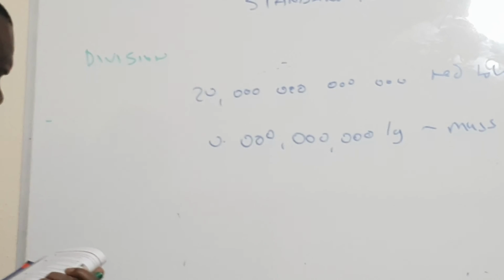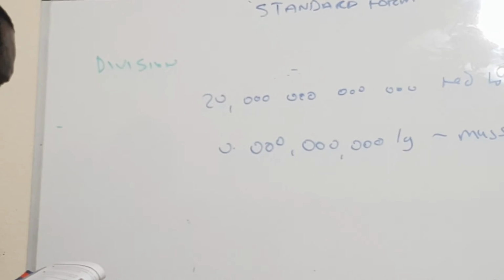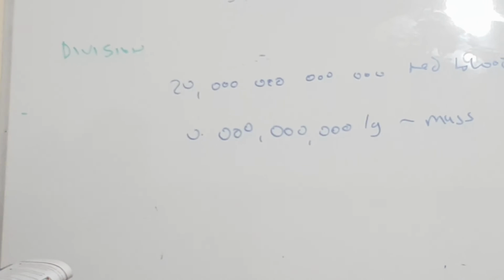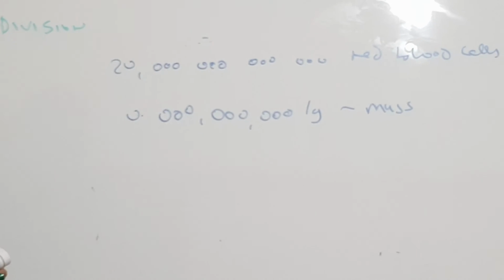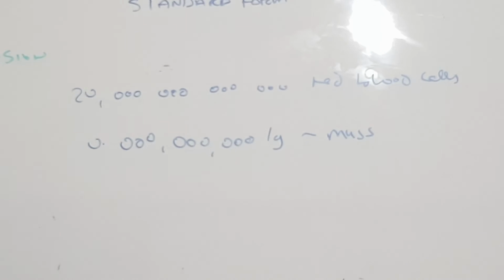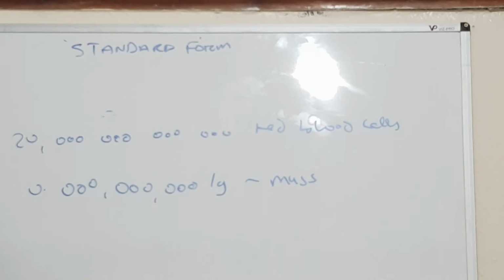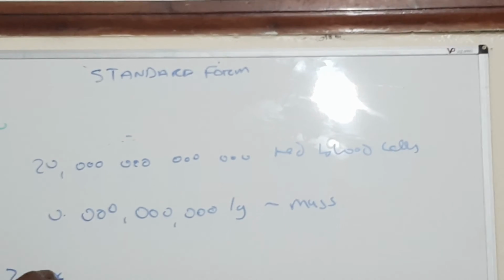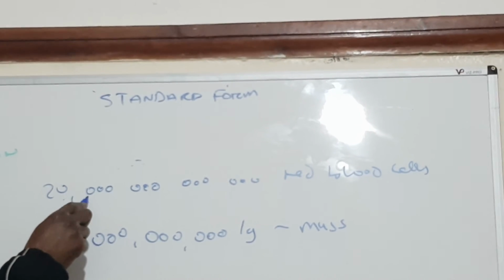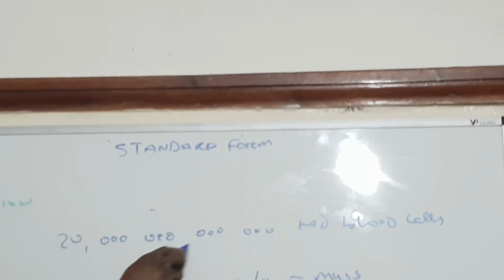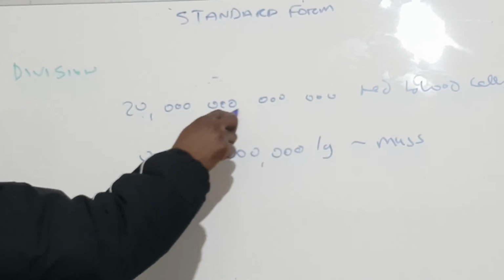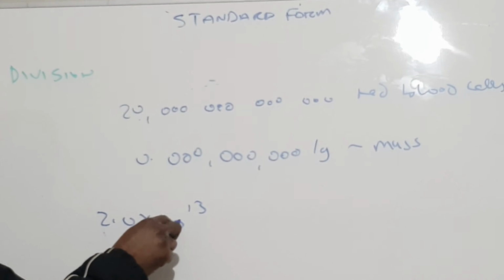Write both of these numbers in standard form, okay, and find out the total mass of red blood cells in a typical adult. So this one in standard form will be 2.0 times 10 to the power 13.